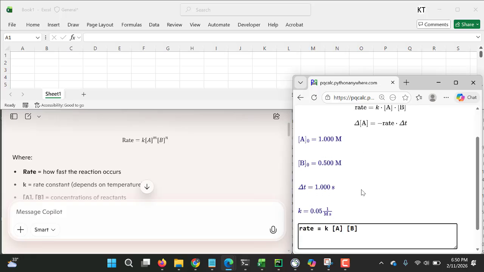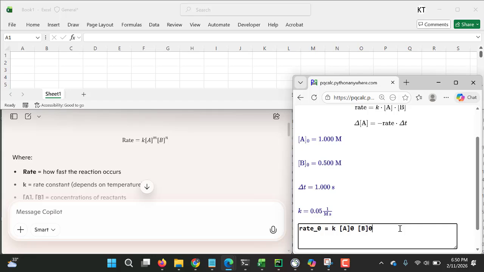Yeah, and it just gives you this. But we're going to put some subscripts on there. So this is the rate at the beginning. k is k, that doesn't change, it's constant. But here, which concentration? The one at the beginning. So this is A sub 0, B sub 0, and then we can calculate the rate.